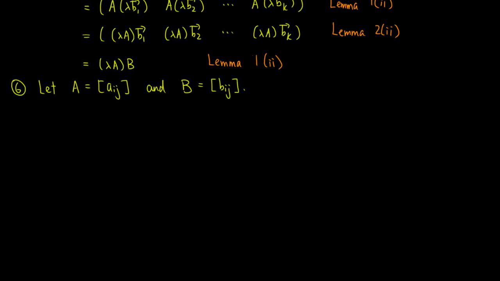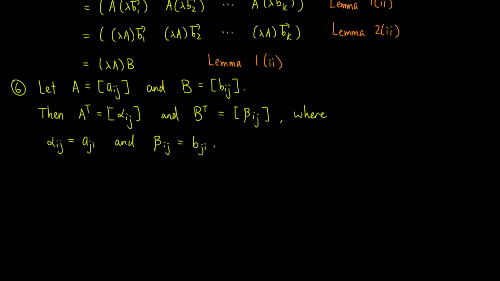For the sixth point, let A have entries Aij and B have entries Bij. We also write A transpose to have entries alpha ij and B transpose to have entries beta ij. We know that alpha ij equals Aji and beta ij equals Bji.